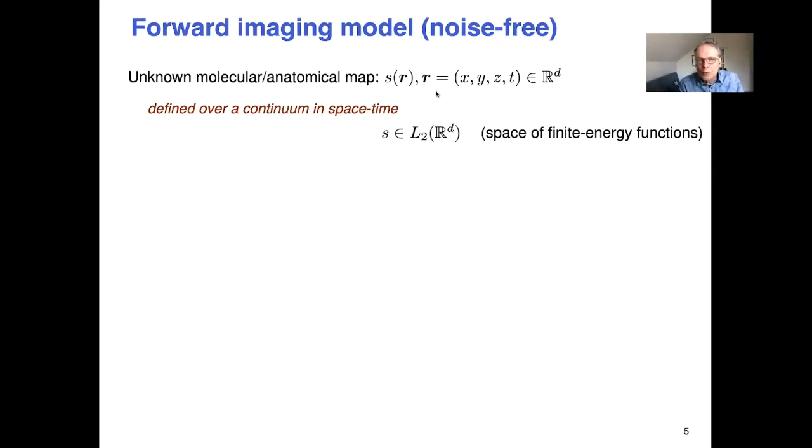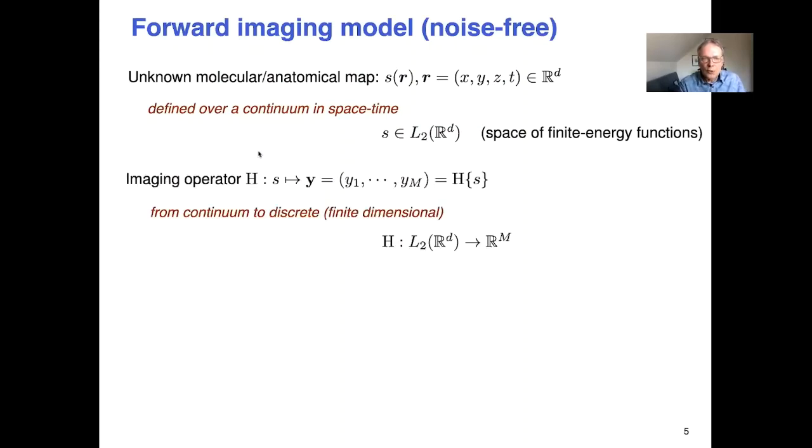Now if you want to put some math, you can say this is a function that lives in the space of finite energy functions. And what you have now, let's say this microscope or the MRI scanner, you can think of it as an operator that will output a finite number of measurements.